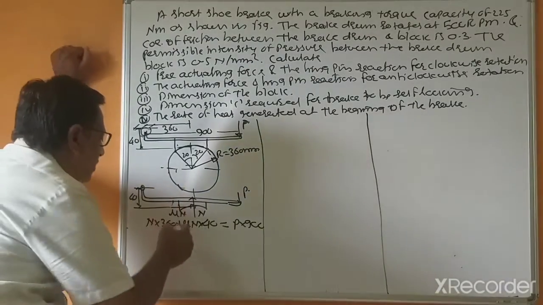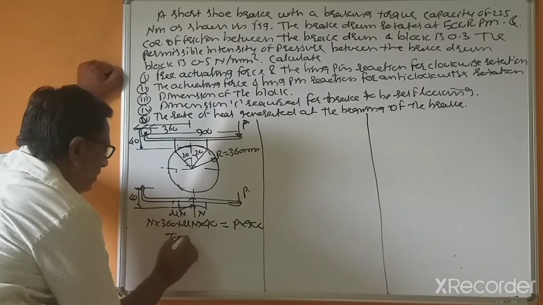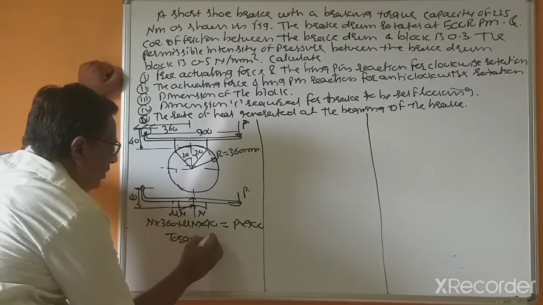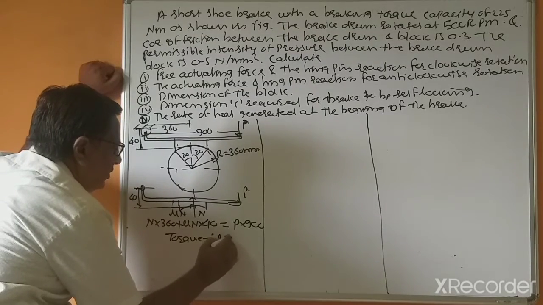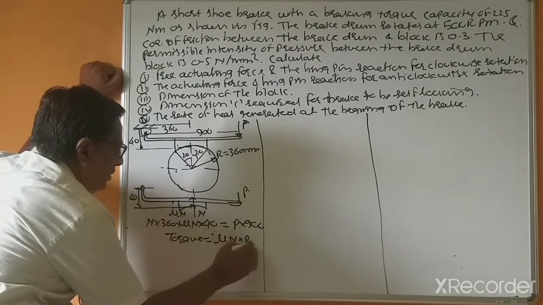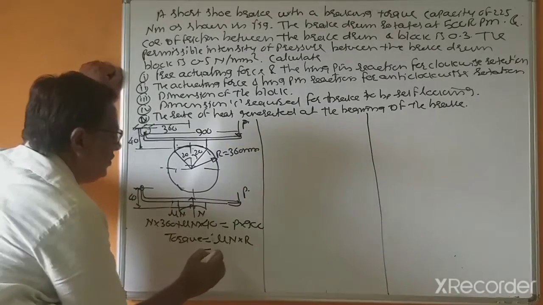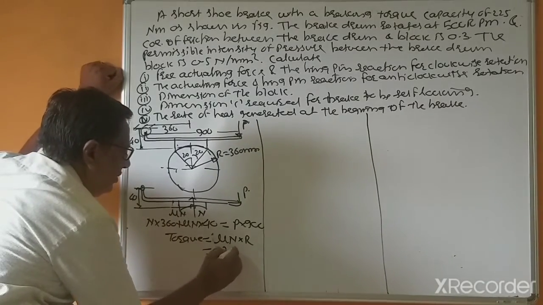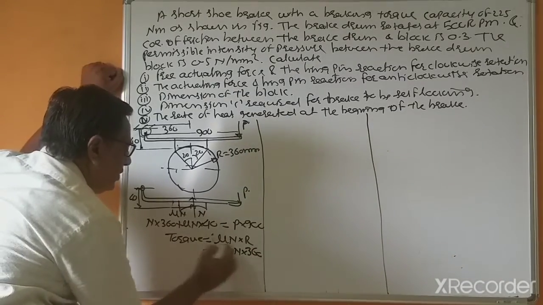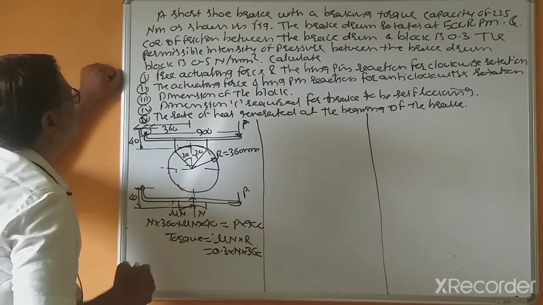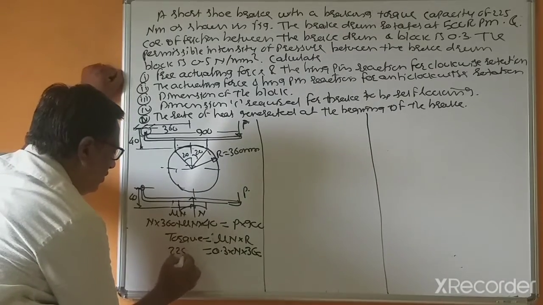So that's why torque equal to the formula, mu N, frictional force into R. This frictional force 0.3, this is N, R equal to 360, this torque is 225 into 1000.